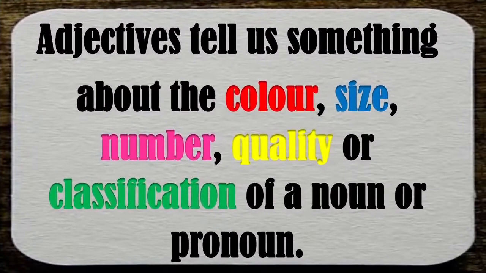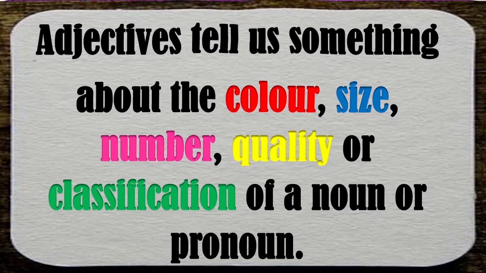Adjectives tell us something about the color, size, number, quality, or classification of nouns or pronouns. Take note of that. Adjectives, they tell us something about the color, the size, the number, the quality, or classification of a noun or a pronoun.